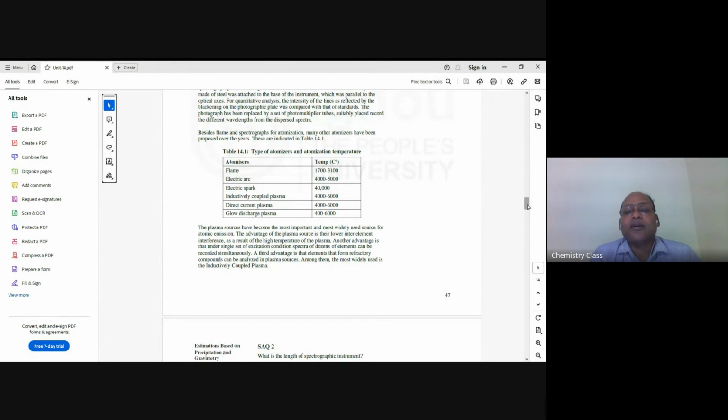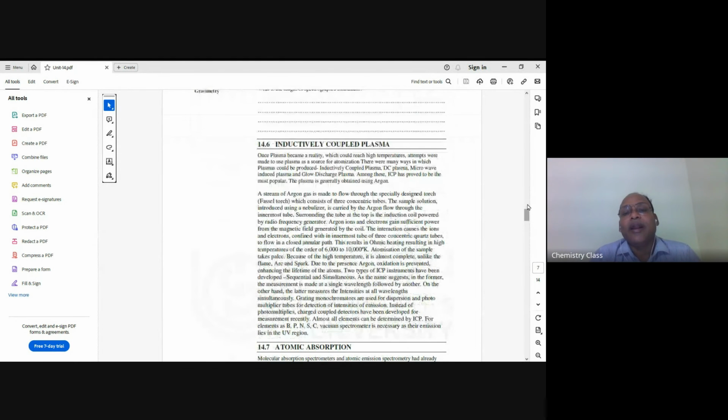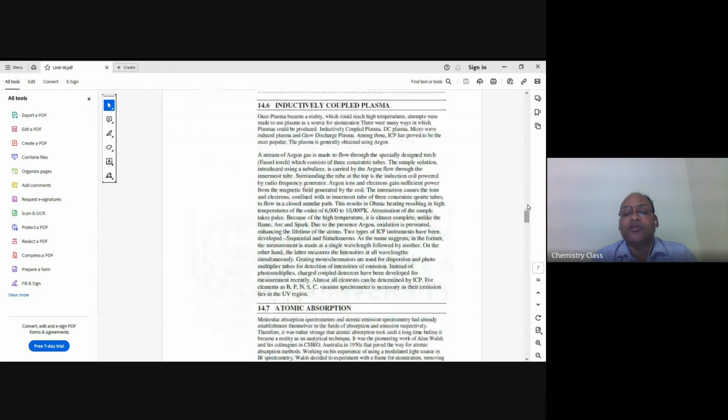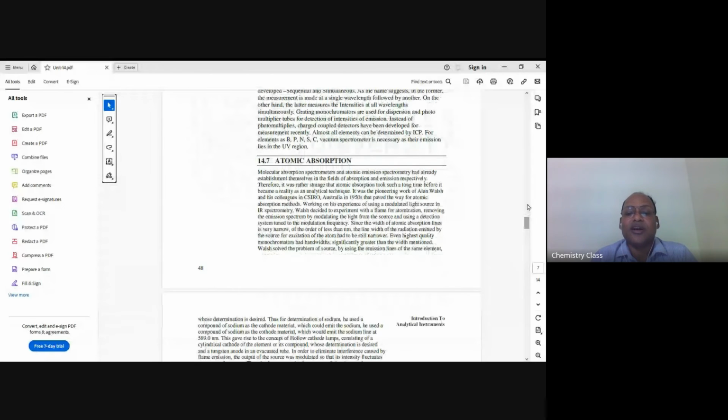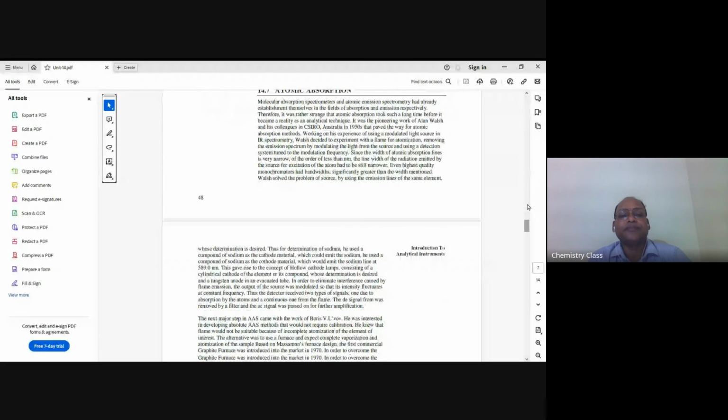Electric arc 4000 to 5000, electric spark 40,000, inductively coupled plasma 4000 to 6000, then direct current plasma 4000 to 6000, glow discharge plasma 400 to 600. Then inductively coupled plasma will be 6000 to 10,000 degrees Celsius. Atomic absorption is the process that we have already discussed.